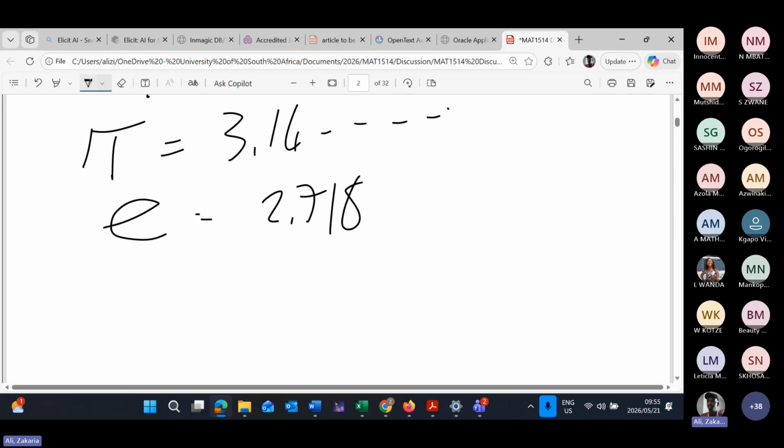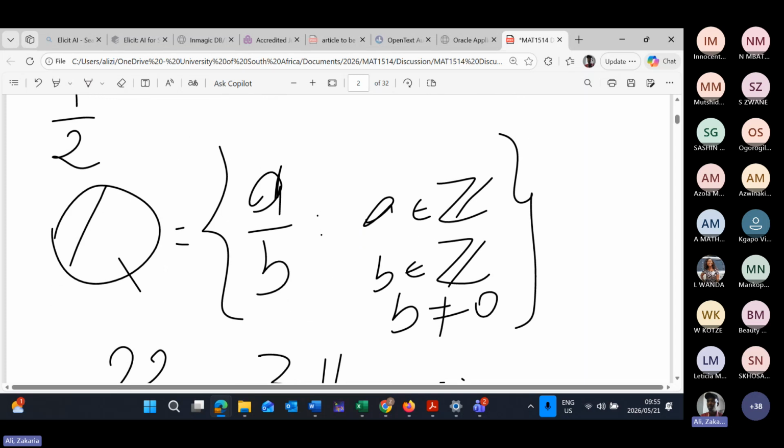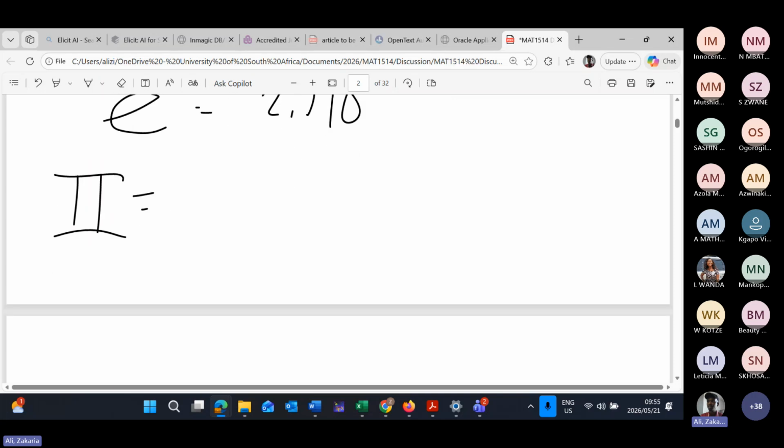So they call them irrational, which contains the numbers that are not rational. But if you represent them by division, you confuse them with the set Q, because Q is the one having a numerator and a denominator not being 0. The numerator is the one on top, the A here, and the denominator is the B. Then the question is, how do you represent this one?